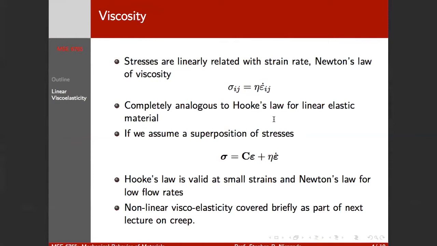So we have the same kind of idea: elastic strains tend to be small strains, and Newtonian flow tends to be at higher shear rates. We're going to cover some nonlinear aspects of viscoelasticity, where we have significant deviation from this kind of behavior, when we talk about creep.